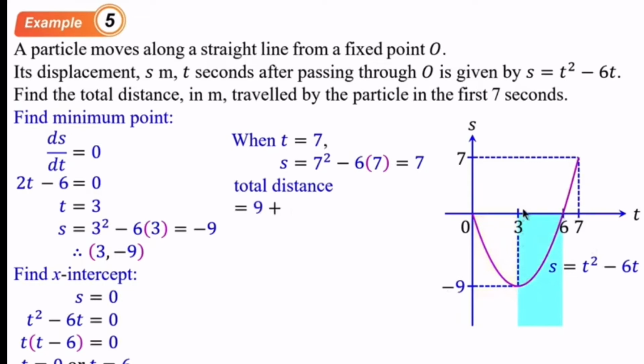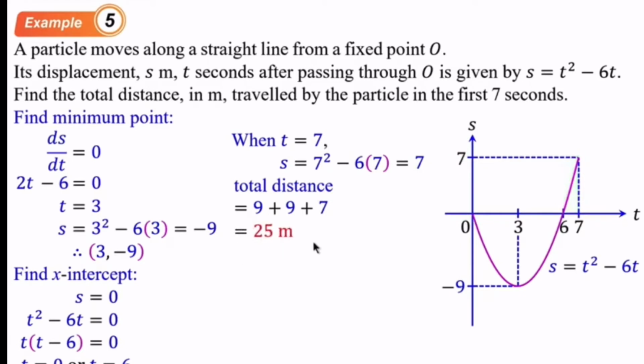And then from the origin, it goes to the right 7 meters. So the total distance traveled can be calculated using the graphical method: 9 plus 9 plus 7. So the total distance traveled is 25 meters.